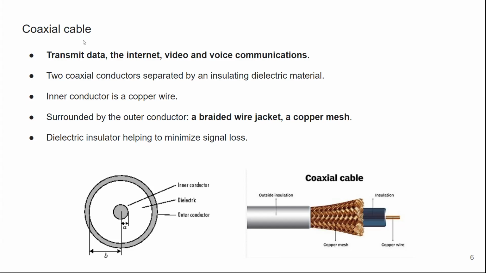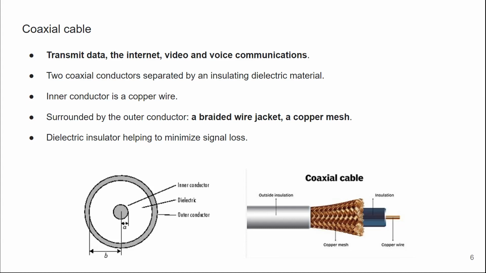However, for some applications it is used. Coaxial cables are used for multiple applications, not only for microwave applications. So it is used for transmitting data, internet, and video and voice communications.